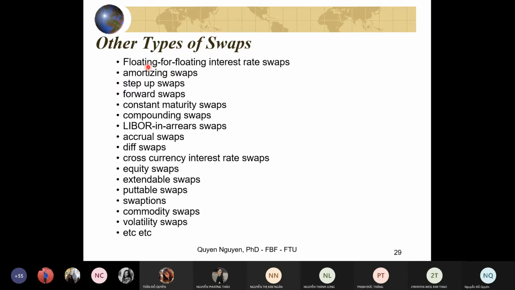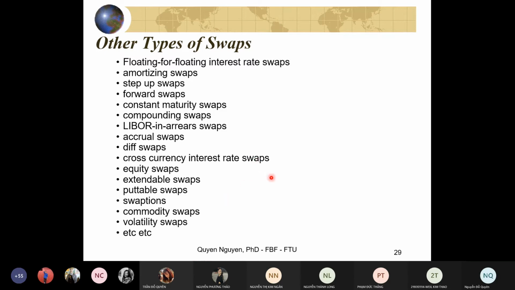For example, we have floating interest rate swap. This is not like float for fixed, but float for float, right? Different kinds of floating rates. Amortizing swap, step-up swaps, forward swaps, constant maturity swap, compounding swap, LIBOR in arrears swap, accrual swap, diff swap, cross currency interest rate swap, equity swap, extendable swap, putable swap, and many more.